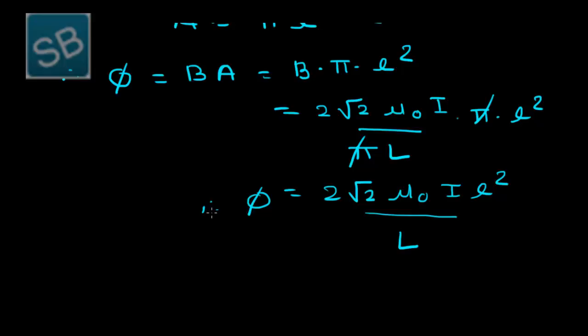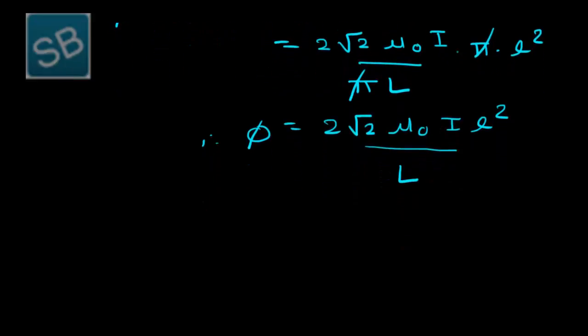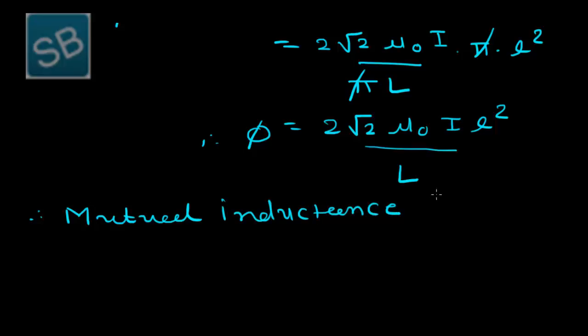Now, as we know that the mutual inductance for a larger system and for a smaller system, if both are having the same length, then the value of magnetic induction is the same. So therefore, I am finding over here the mutual inductance of the system of two loops.